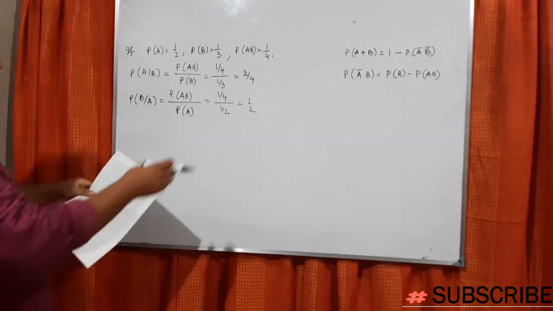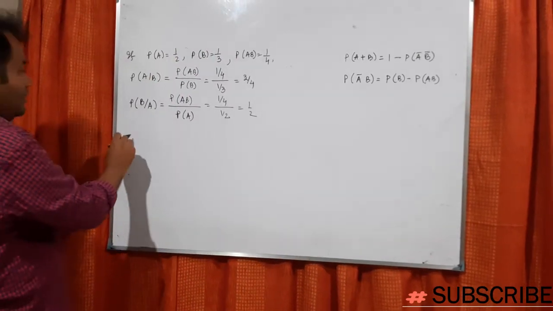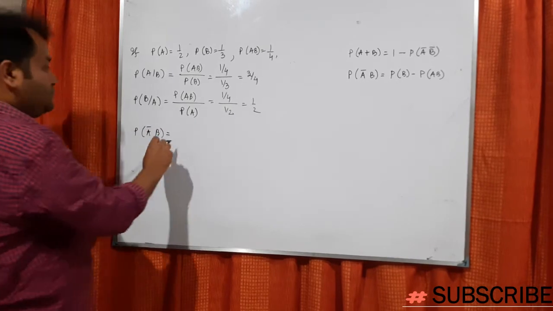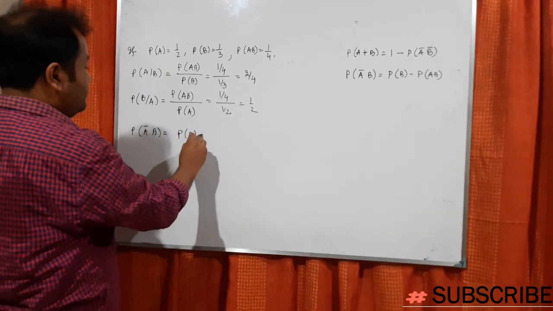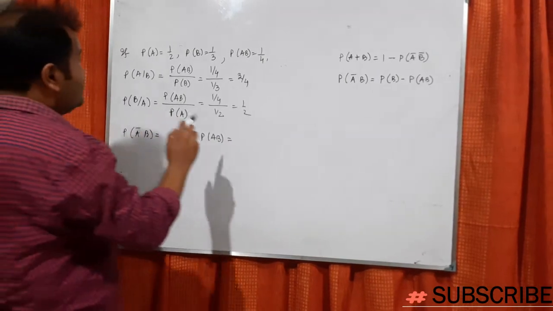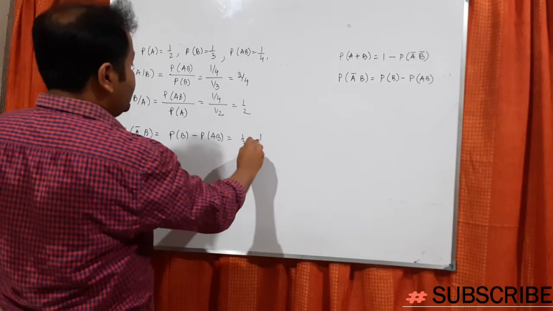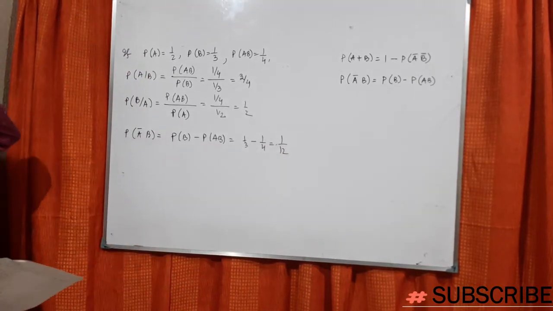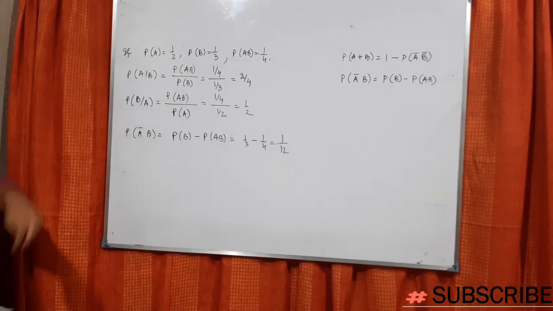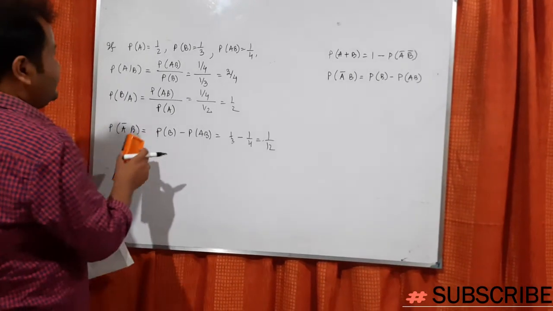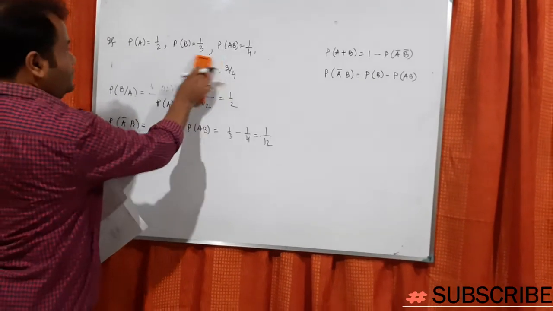And you can find that one also, P of A bar B, that is P of B minus P of AB, so that is 1/3 minus 1/4, so 1/12. So you can do many calculations using this kind of formula, okay. And also you can check whether they are independent or not, okay.